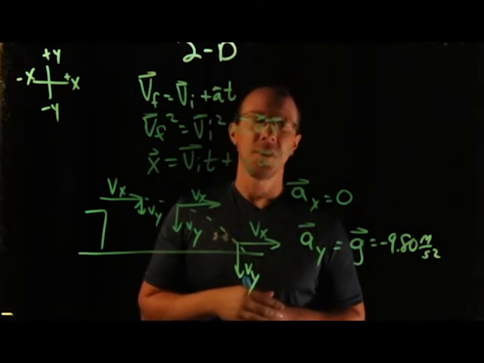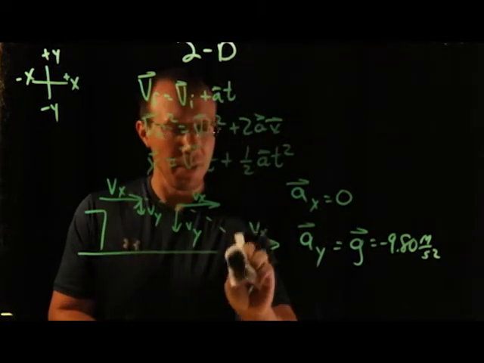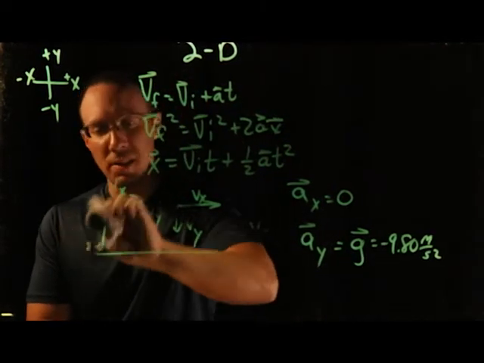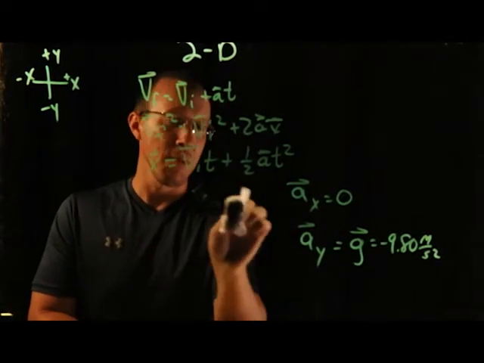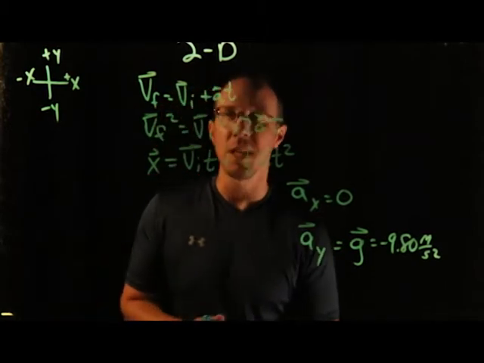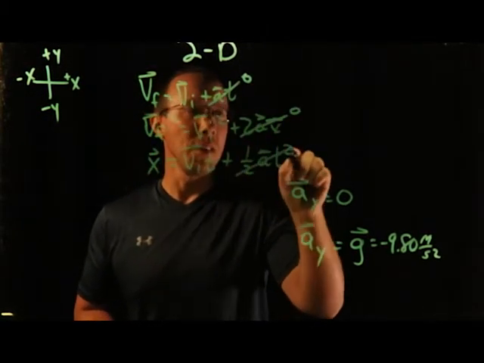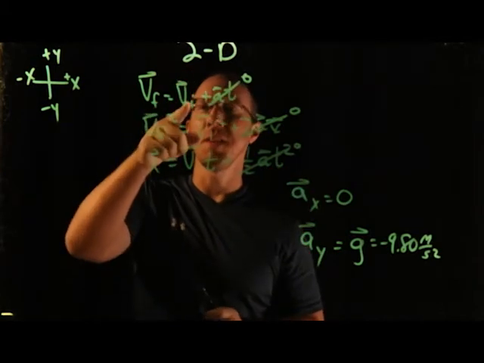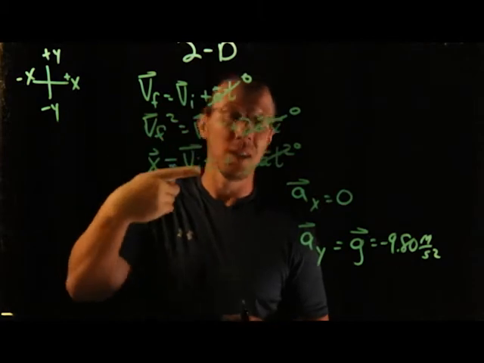All right, so how does this affect things? Well, let's just look at the x direction. Okay? If we just look at the x direction, and I say that the acceleration is 0, what does that do to our equations? Well, this is 0, this is 0, and this is 0. VF equals VI, that makes sense, it never changed. VF squared equals VI squared, that's right, never changed.